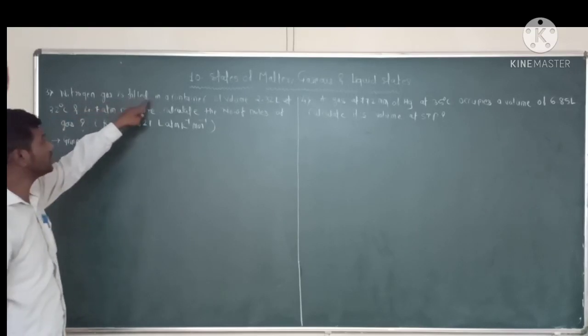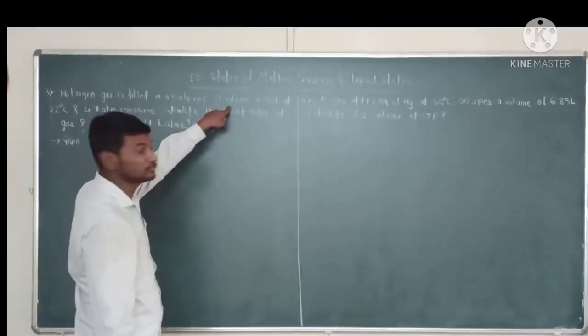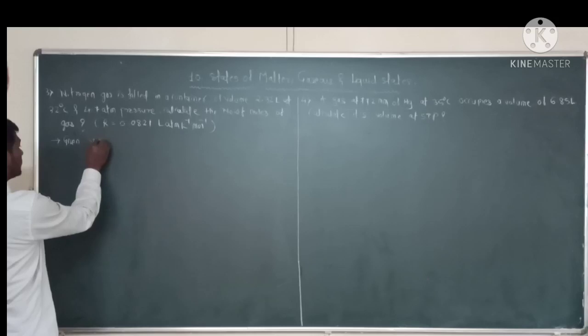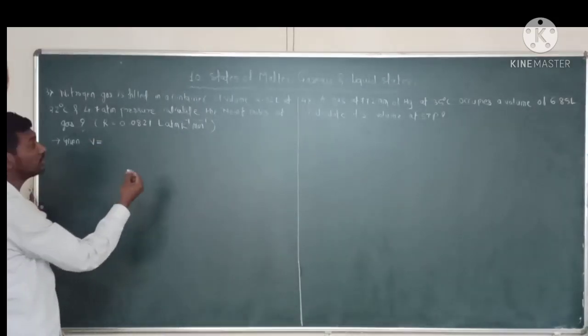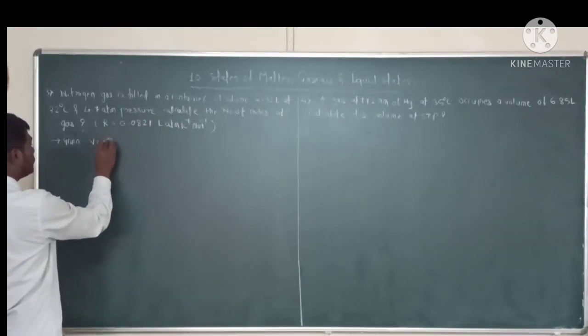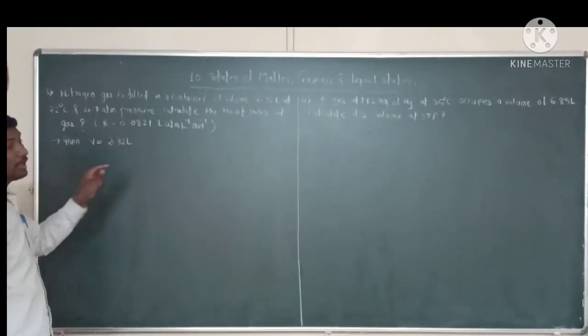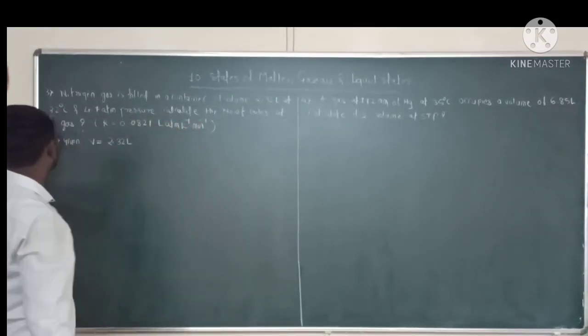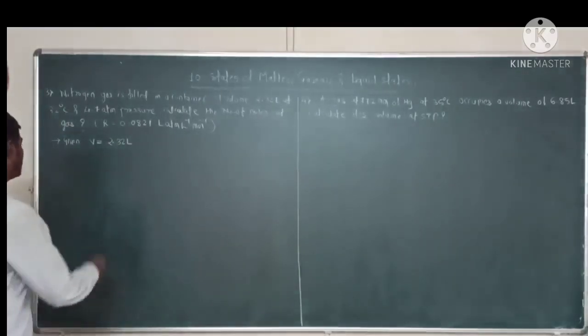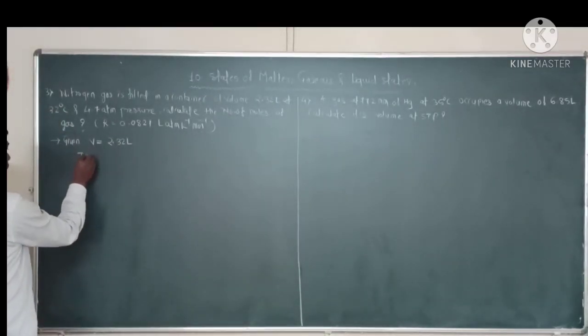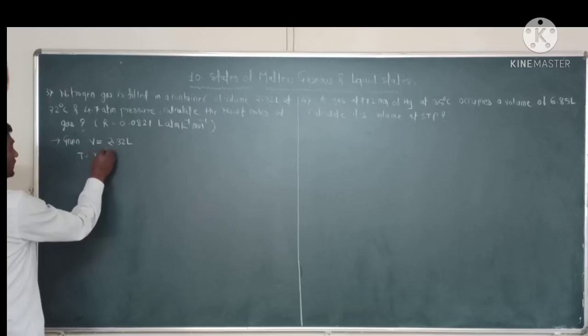Nitrogen gas is filled in a container of volume V. V is equal to 2.32 liter at 32 degrees Celsius, that is the temperature.